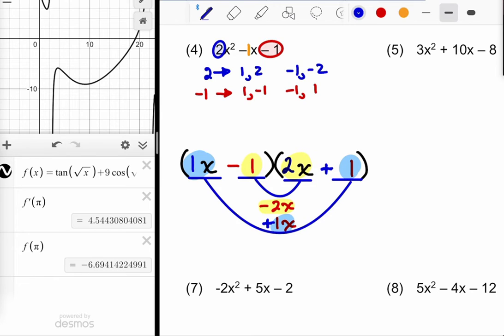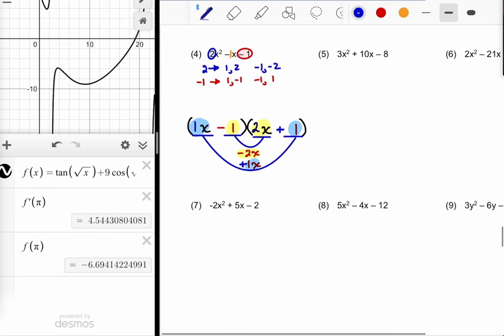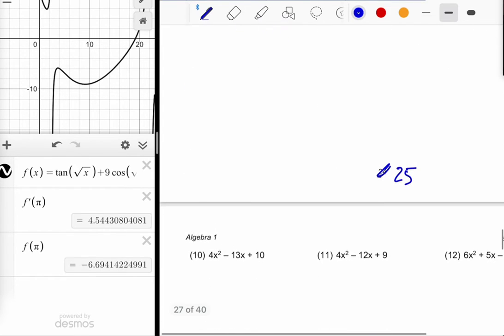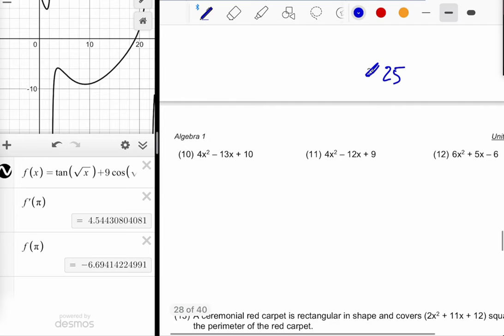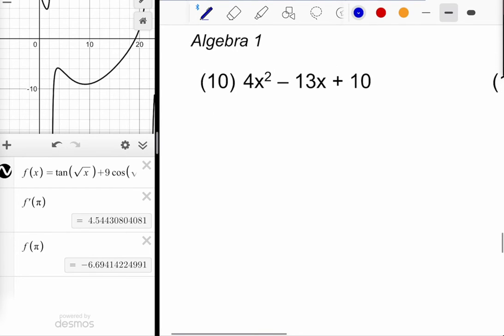All right, once you have the numerical values, it's just a question of figuring out which one's positive and which one's negative. Now, this is a relatively easy one because the only possible numerical values for the coefficients were 1 and 2 and then 1 and 1. It's just a question of which one's positive, which one's negative. It gets a little dicier when you have a leading coefficient like 4.